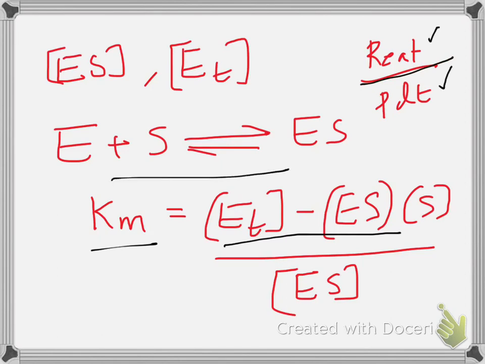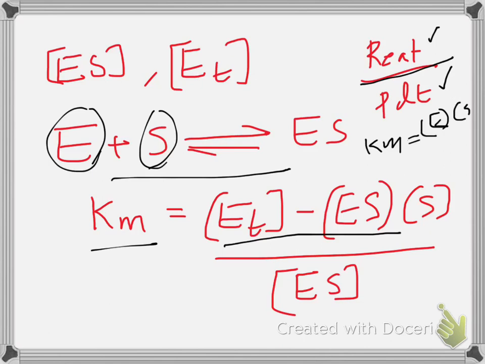Here the reactants are E and S, and the product is ES. So Km equals E into S divided by ES. For E, we have another equation, E equals ET minus ES.